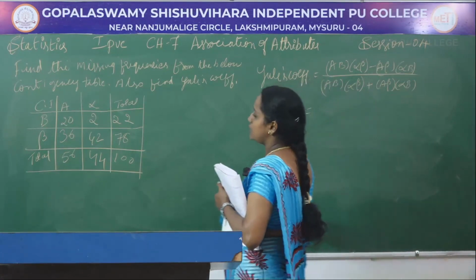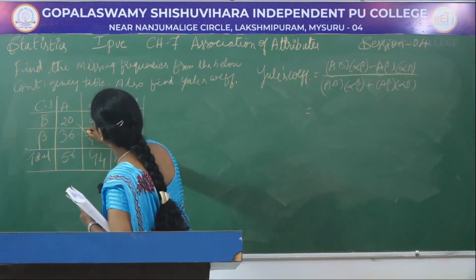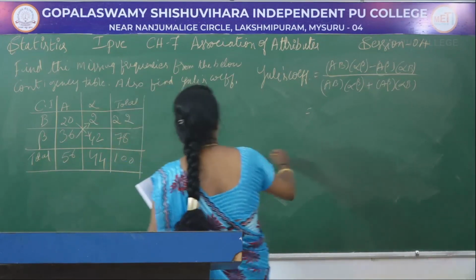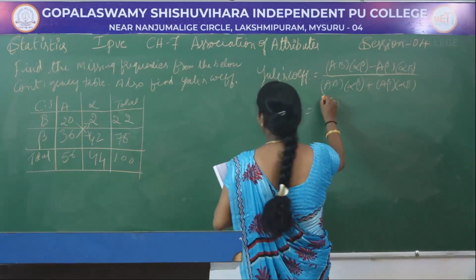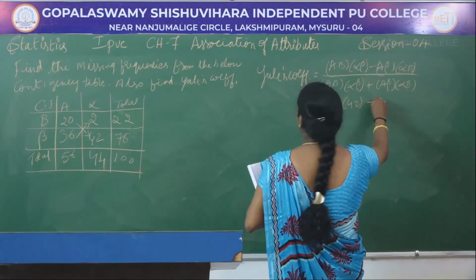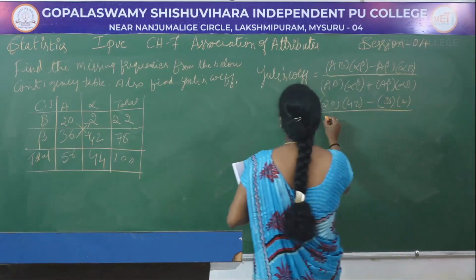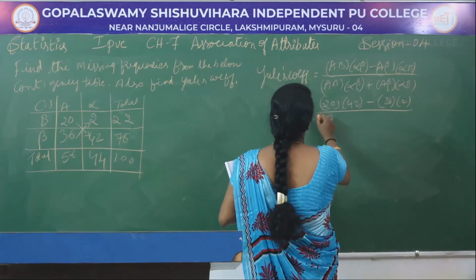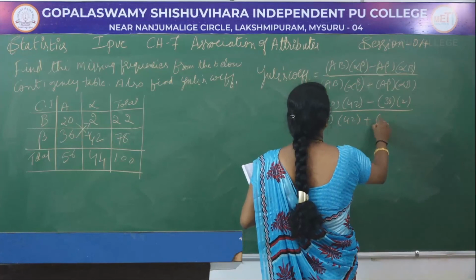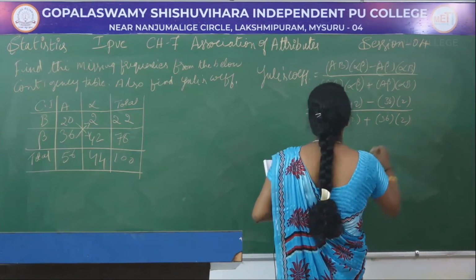Now substitute the values. It is very easy to substitute. You just take the cross multiplications. It is 20 into 42 minus 36 into 2 divided by 20 into 42 plus 36 into 2.